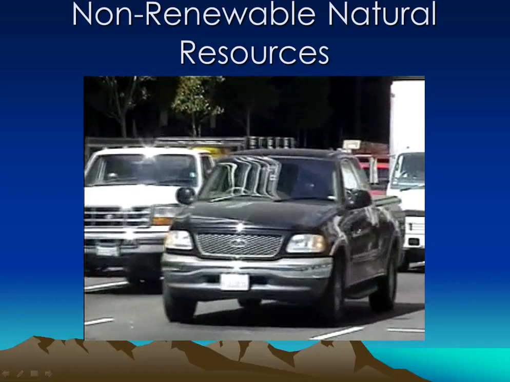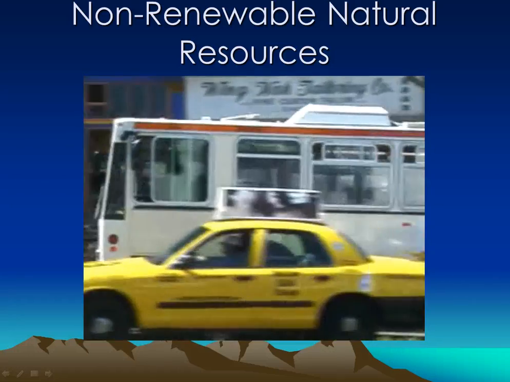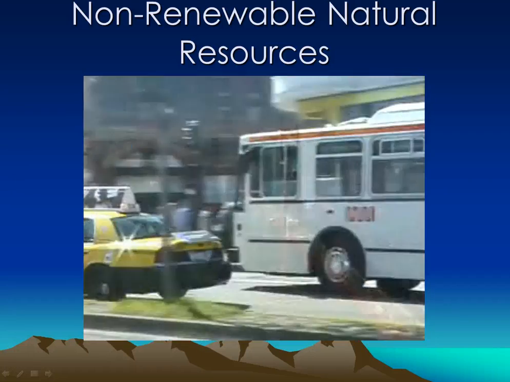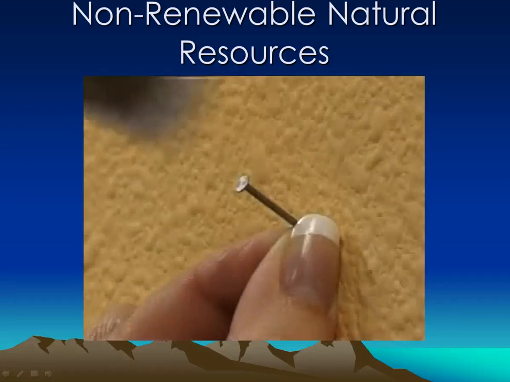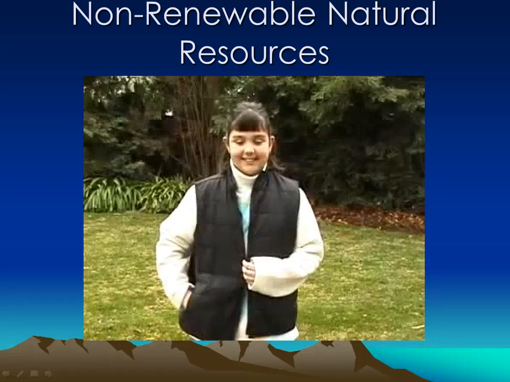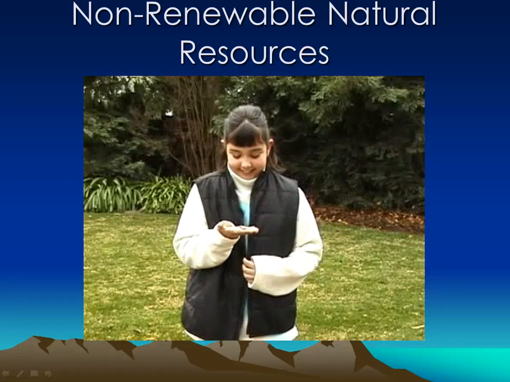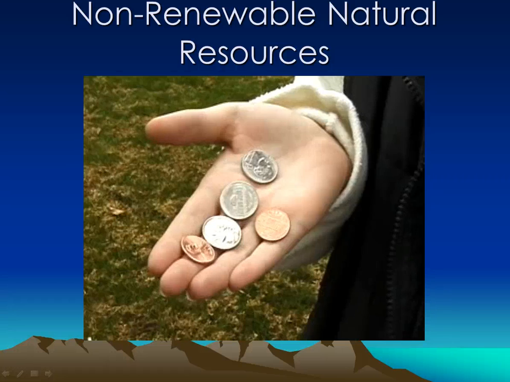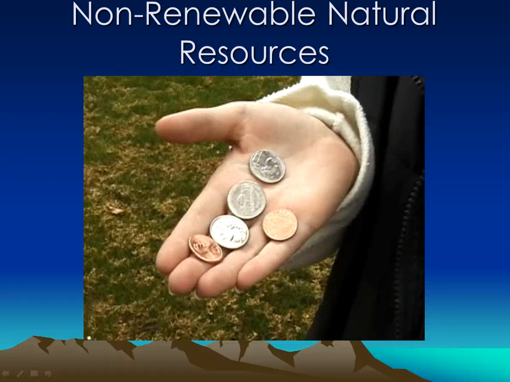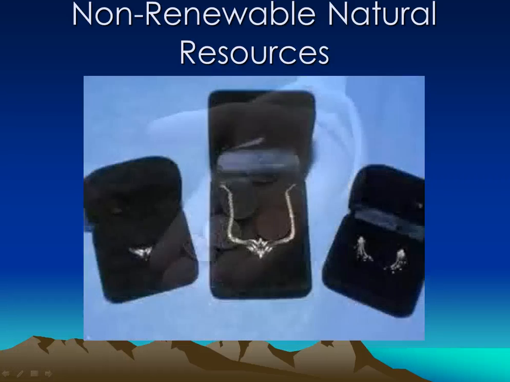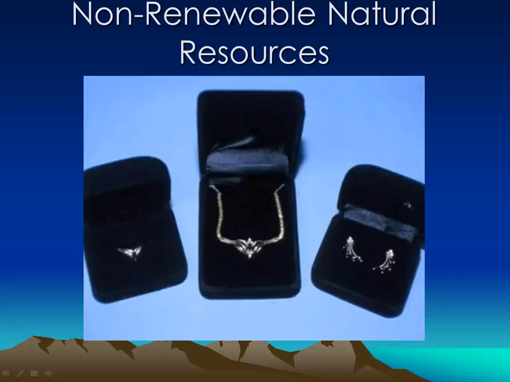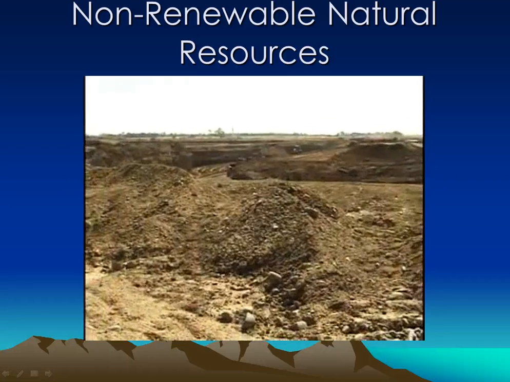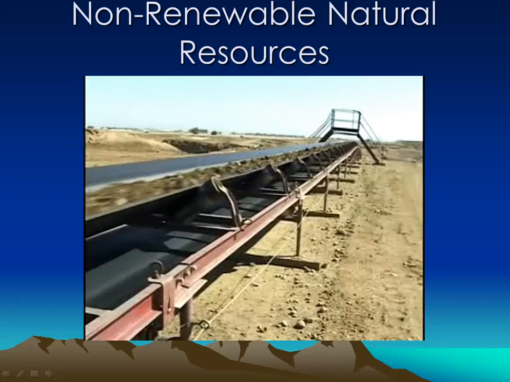These metals can be used to make many things like cars, buses, bridges, and nails. Look at the change in your pocket. How many different minerals do you see? Copper and nickel. Gems are used to make jewelry. Mines are dug into the earth to find the rocks that contain minerals.